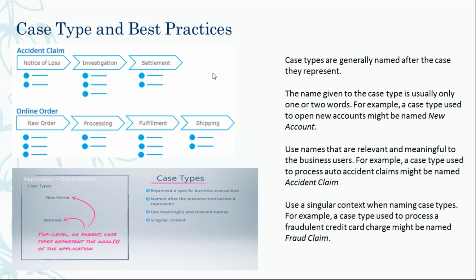Within claim, we can also create multiple types of claims to handle different types of claim handling. So it should be singular as well. That's the fourth thing. It should be a noun, not more than two words, one or two words only, meaningful and relevant, and related to the specific business transaction.